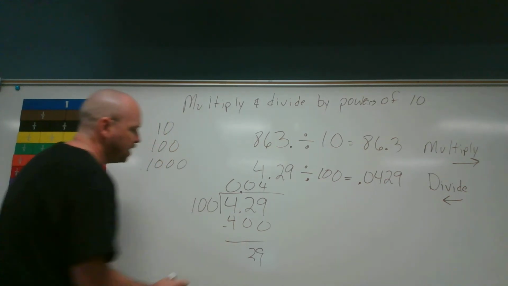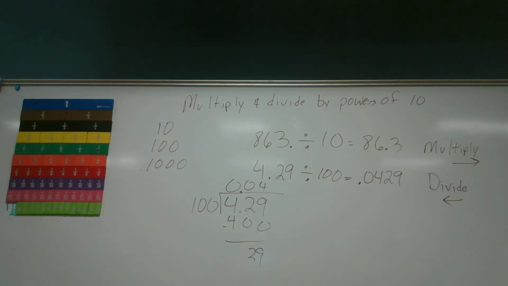And I should have 29. So 4/100ths, remainder 29, right? No, I can't have a remainder with decimals.